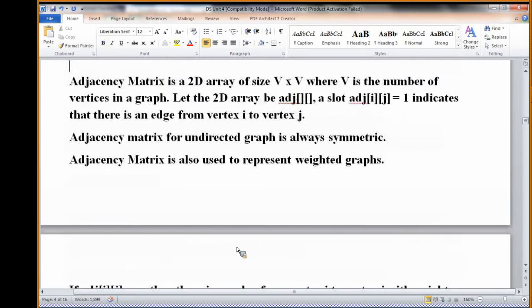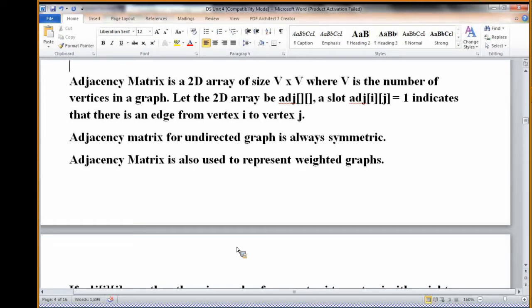So adjacency matrix, what is exactly an adjacency matrix? It is a 2D array of size V into V, where V is the number of vertices in a graph, and let the 2D array be adj[i][j]. Equal to 1 indicates that there is an edge from vertex i to j. I already showed in the beginning, E is equal to a set of (0,1), (0,2), (1,2) like that.